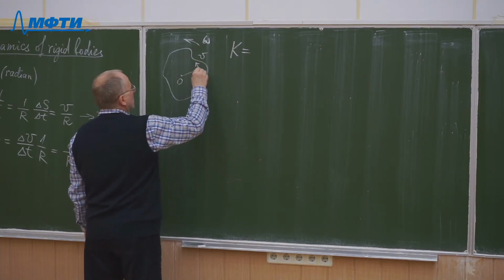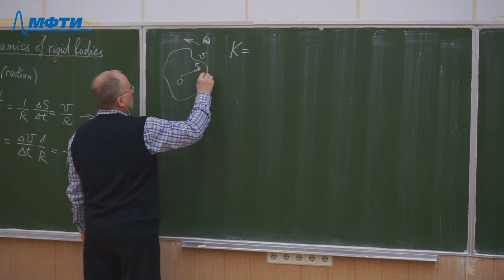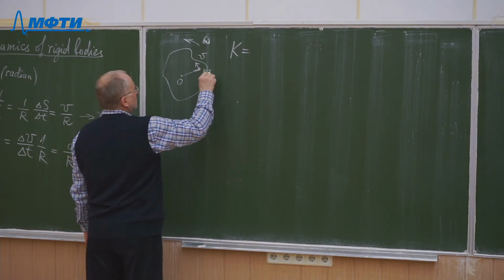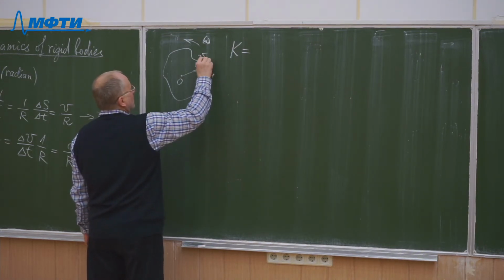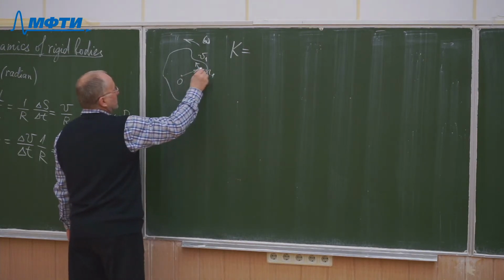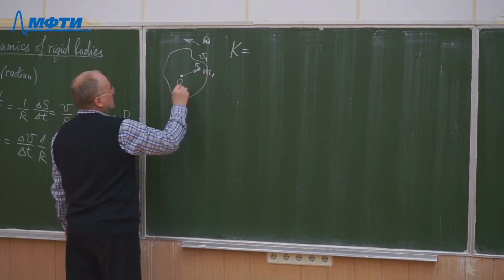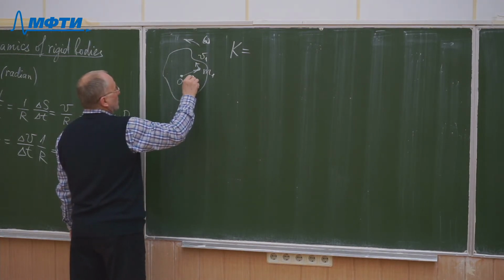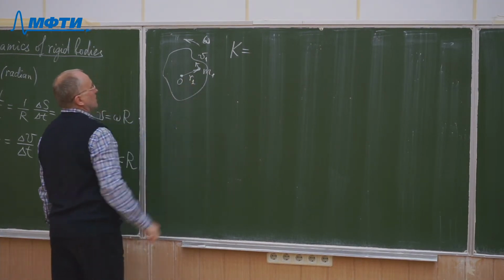If we indicate here some mass point, for example m1, it will have velocity v1, and it will be at a distance from the axis of rotation given by some radius vector r1.